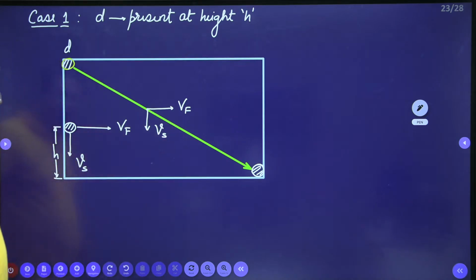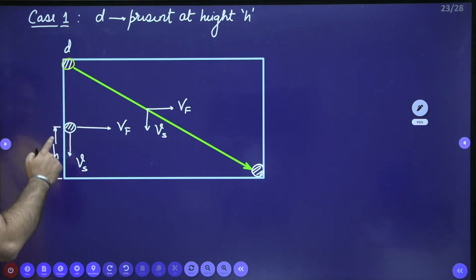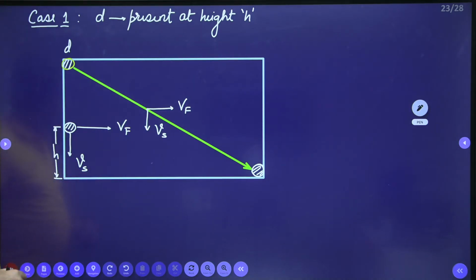Now, with respect to this particle, consider the same size of particle present at height small h. This particle has to travel height small h to reach the bottom of the settling zone.